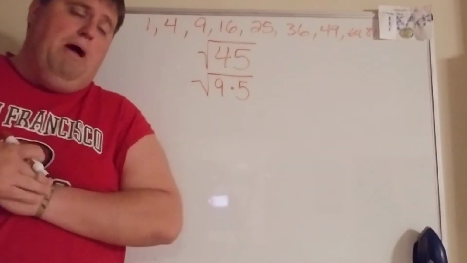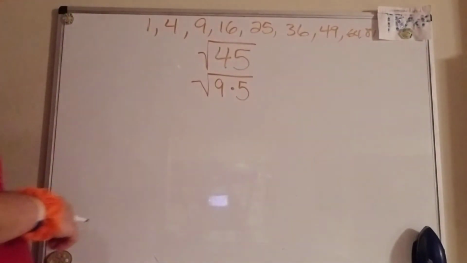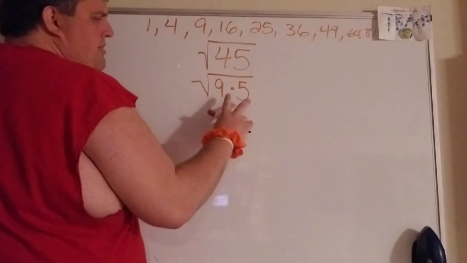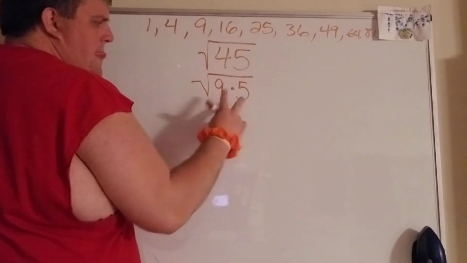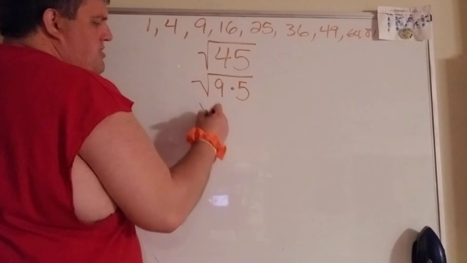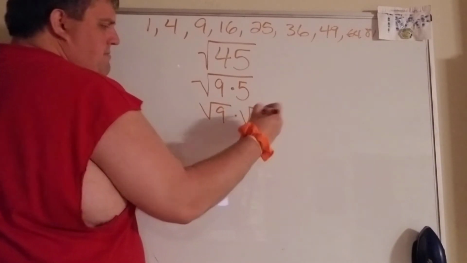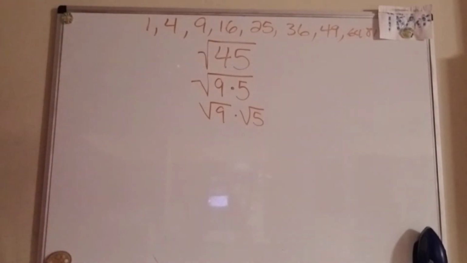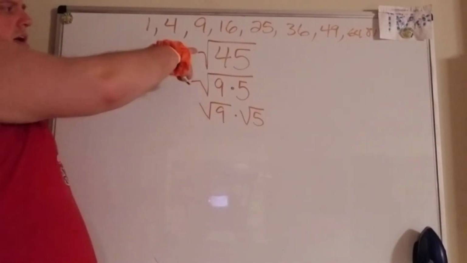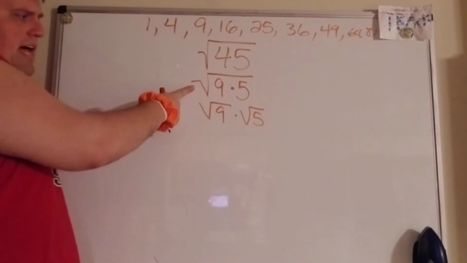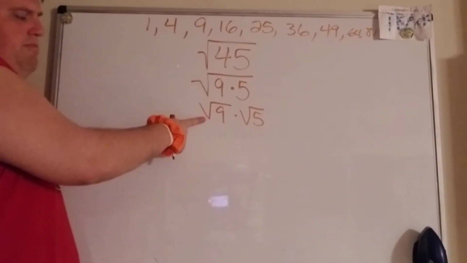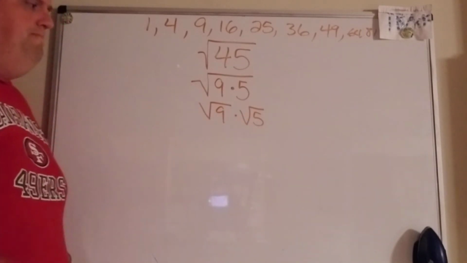And there's this really cool property in square roots that says that if you're taking the square root of a product, it's like taking the square root of both numbers and multiplying them together, like this. So I can rewrite 45 as 9 times 5. I can rewrite square root of 45 as square root of 9 times the square root of 5.